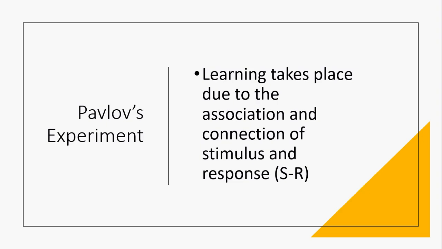If there is a proper stimulus, and if the subject, it could be dog, it could be child, it could be any other person, a student in a classroom situation, if they begin to associate this, then they become conditioned and they start giving responses. Earlier, when the response was unconditioned, in the second stage, the response becomes conditioned.